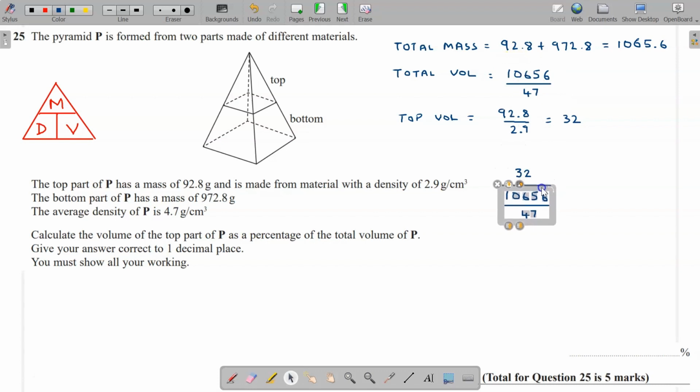Then I can put it on the calculator like that, or I could invert it and multiply. It doesn't really matter, because it's a calculator paper, but I will need to put brackets around that. If I times it by 100, it puts it as a percentage, and that gives me 14.11%. So it's 14.1 to the required degree of accuracy, and that's the answer.